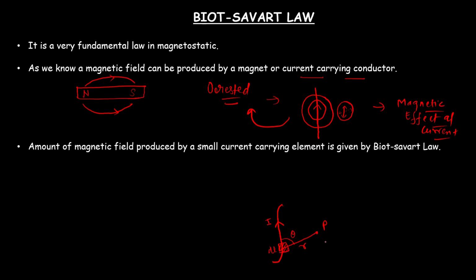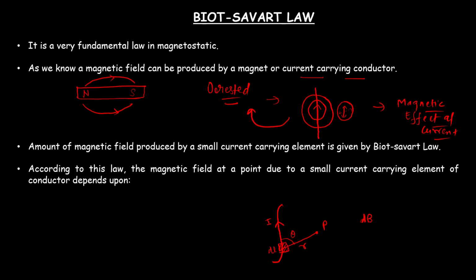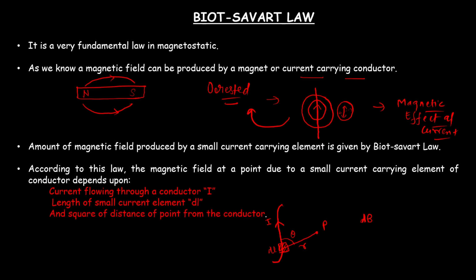According to the Biot-Savart law, the small magnetic field dB due to this small current element dl depends on the current flowing through this conductor, the length of the small current element dl, and the square of the distance of the point from the conductor.